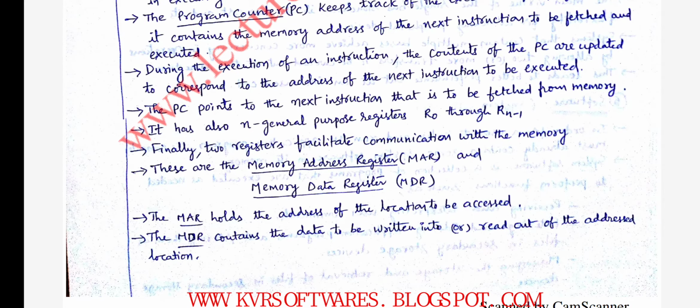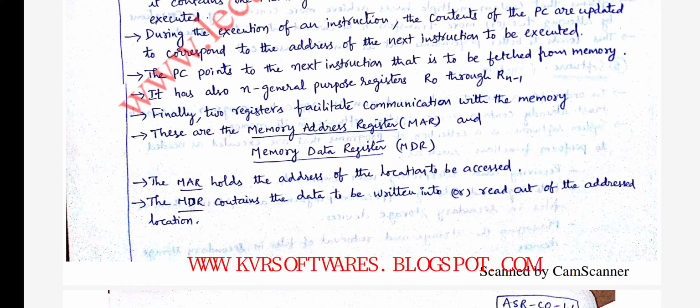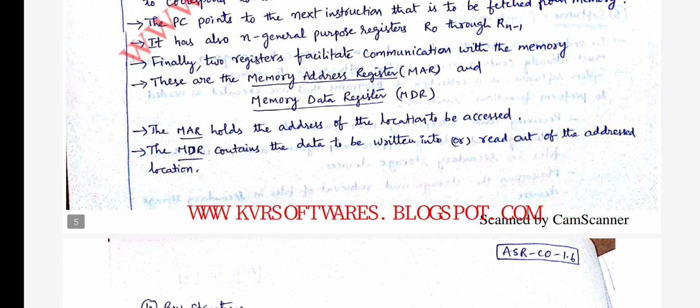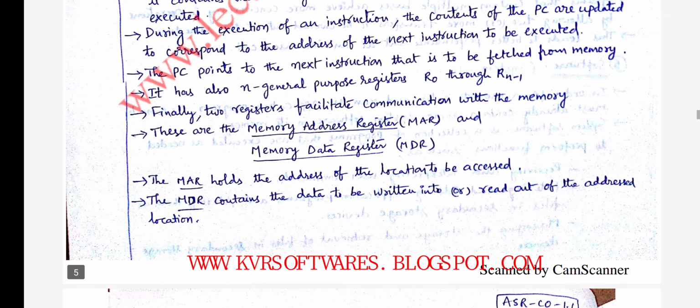Finally, two registers facilitate communication with the memory. Those registers are the memory address register and the memory data register, MAR and MDR. The MAR holds the address of the location to be accessed.